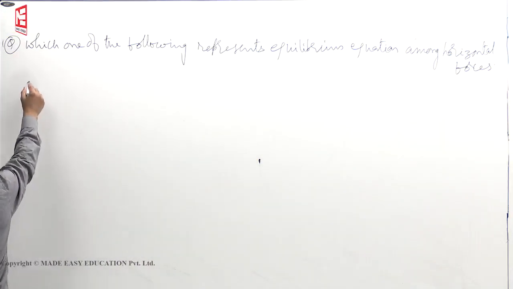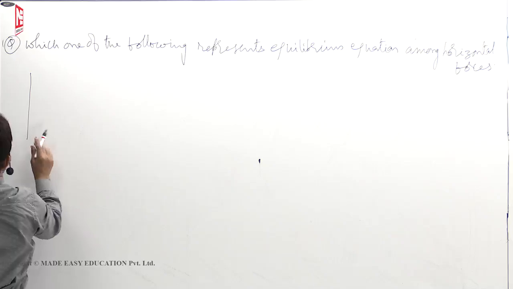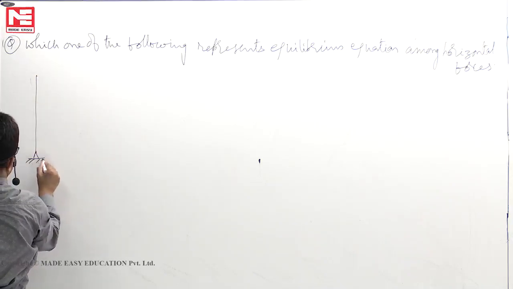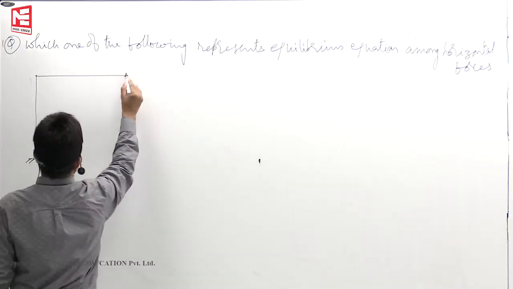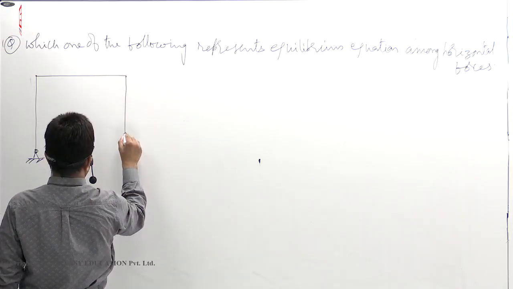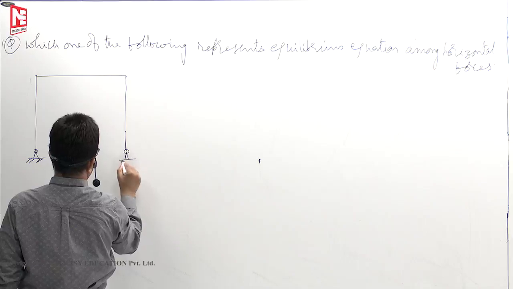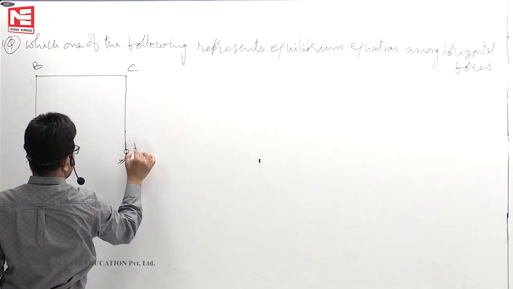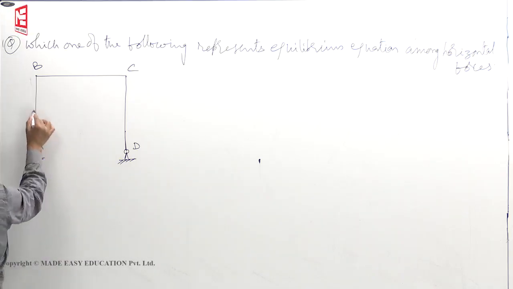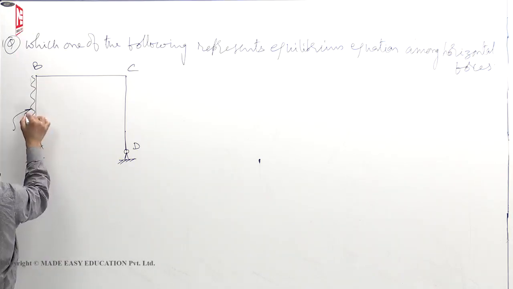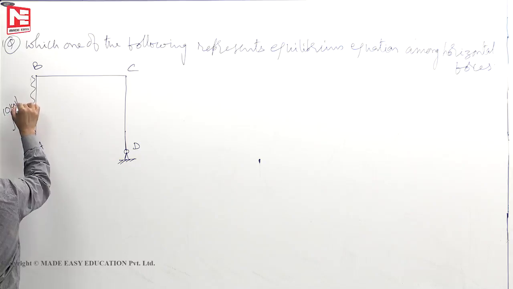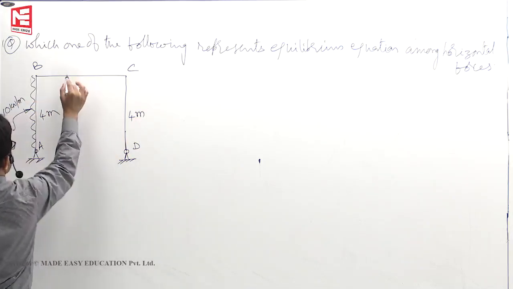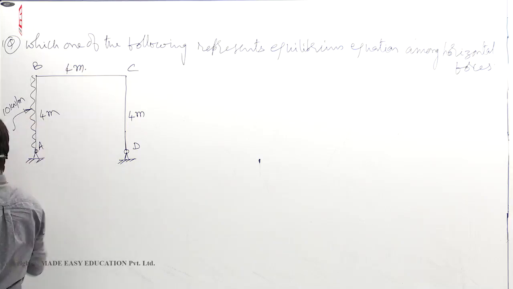Now this is a problem. This is a frame, let us say, A, B, C, D. There is a UDL of, let us say, 10 kilonewtons per meter. Length is 4 meters, 4 meters. This is some length, let us say this also 4 meters.